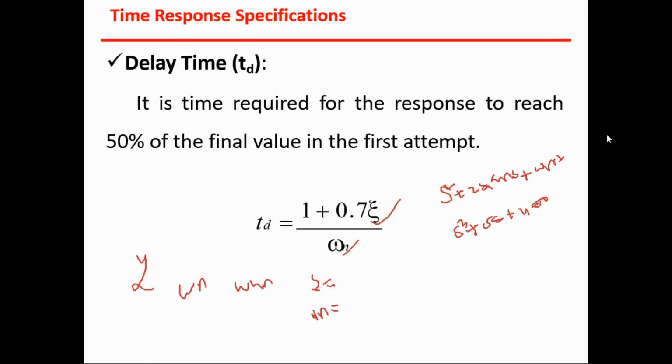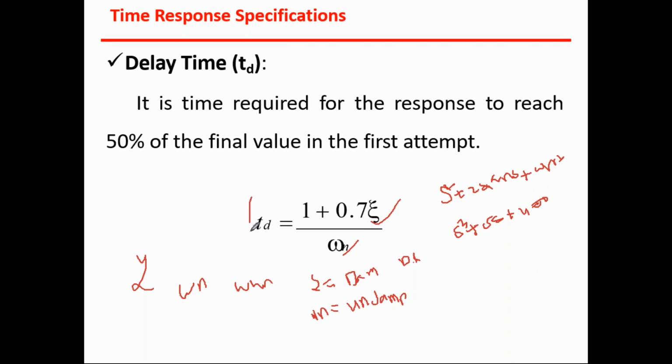Right. So zeta we can call damping factor or damping ratio, and omega n we can call undamped natural frequency. Okay, so you have to mention like that.